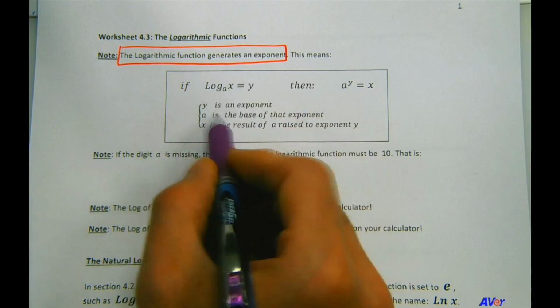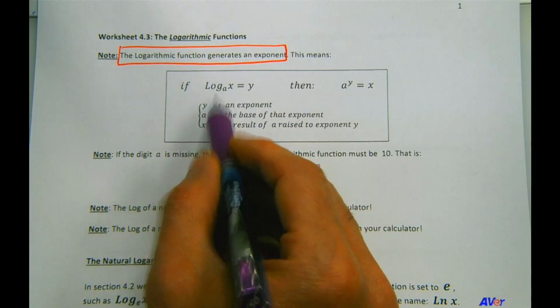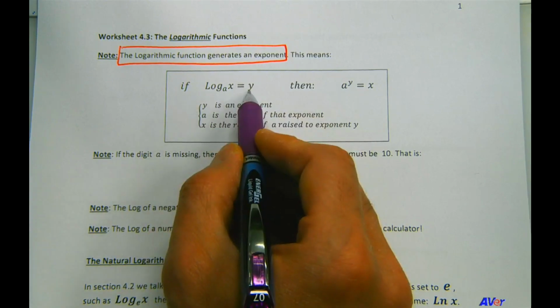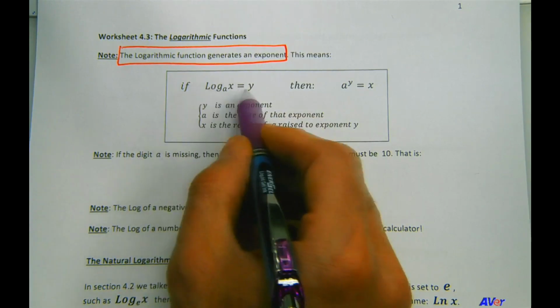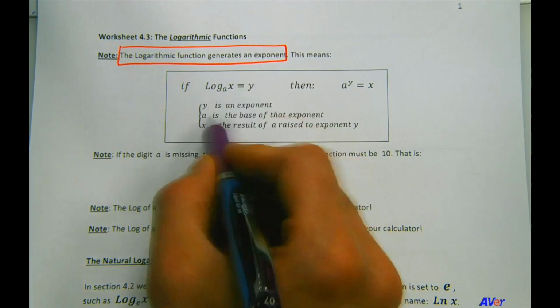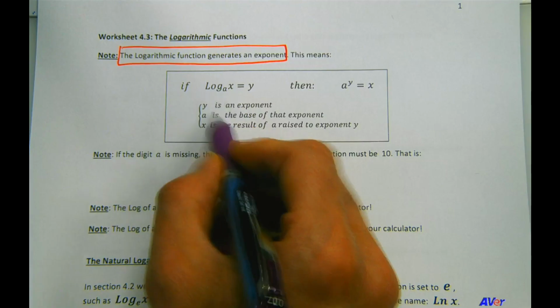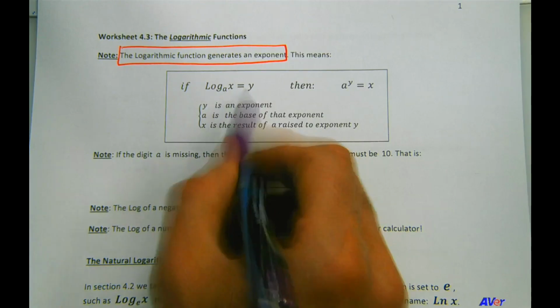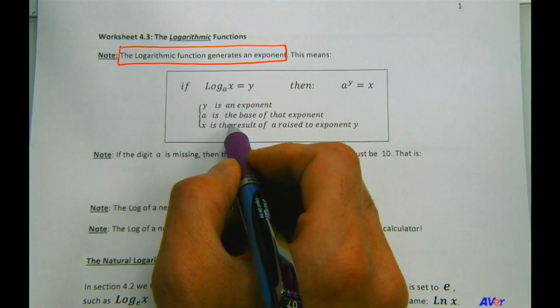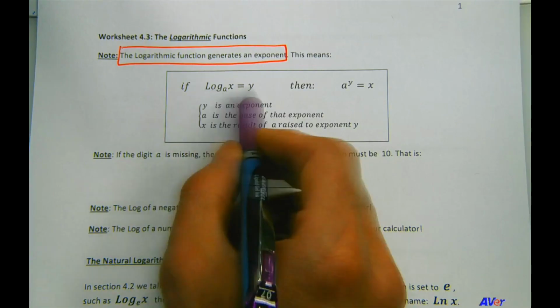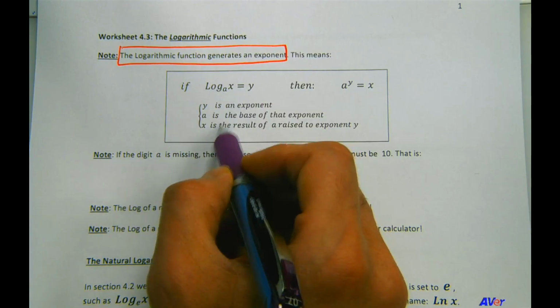So let's look at that breakdown here in this list. Y is an exponent because log functions generate an exponent. A is the base of that exponent, because every exponent should have a base, right? So A, the base of the log function, becomes the base of the exponent.